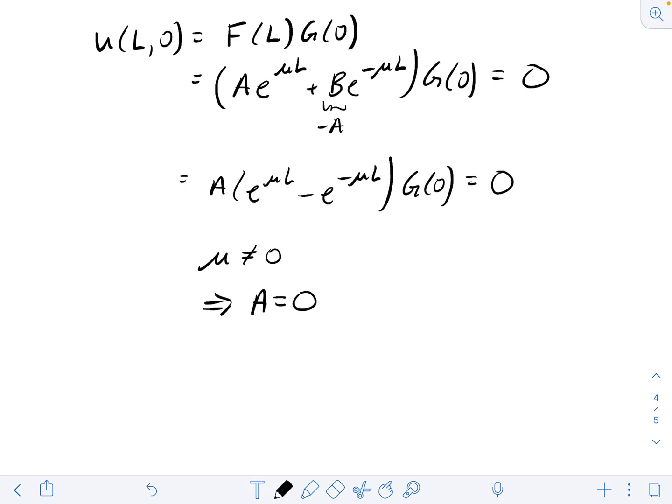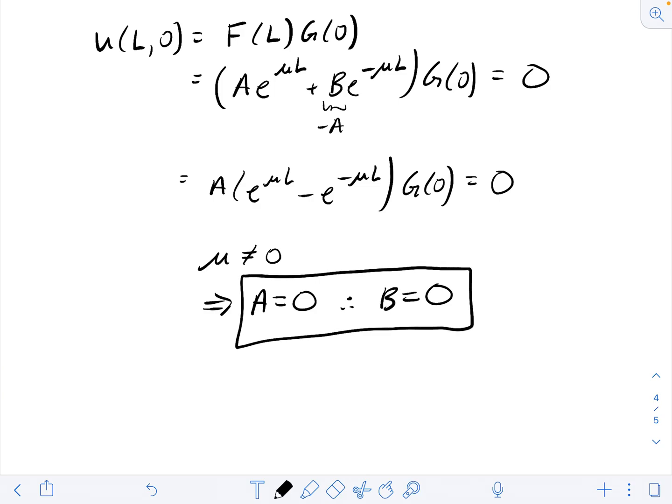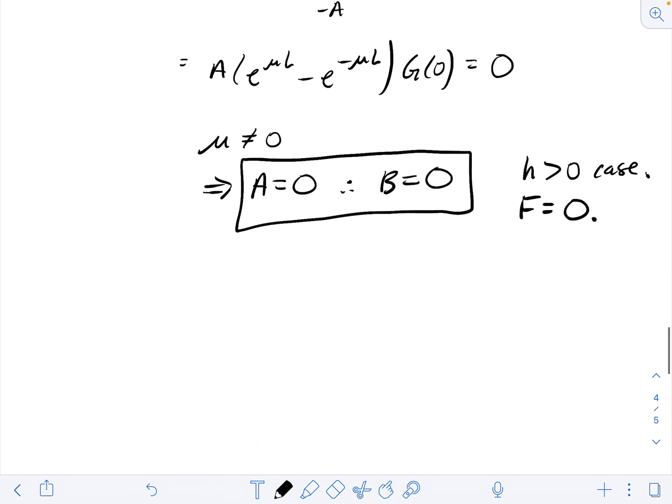But b is minus a, and so minus 0 is 0. So in this case, where h is positive, the solution for f is equal to 0. That's kind of nice, because that's one case that we don't have to worry about then.